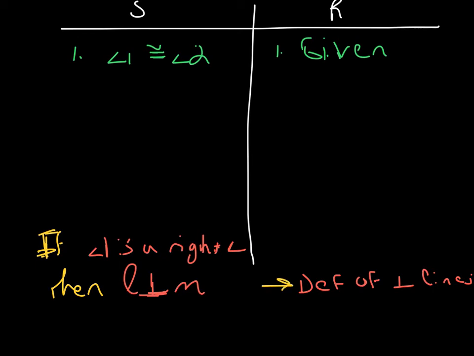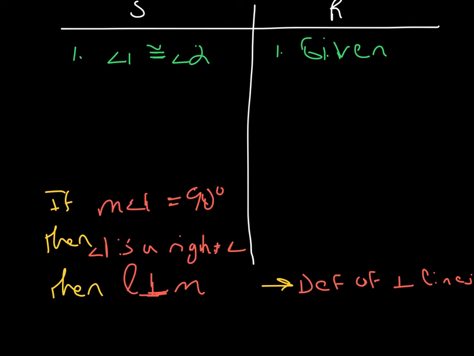Okay, but of course then I need to figure out how to get a right angle. So then I say to myself, well, I would know that I have a right angle if the measure of angle 1 is equal to 90 degrees. Because if the measure of angle 1 equals 90 degrees, then it has to be a right angle by, and hopefully you're filling in the blank here, if this is true, let's make this my conclusion now.